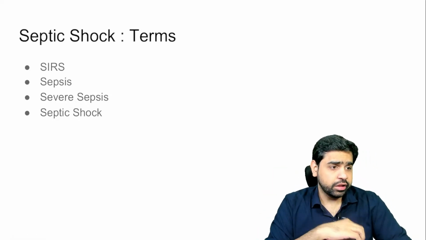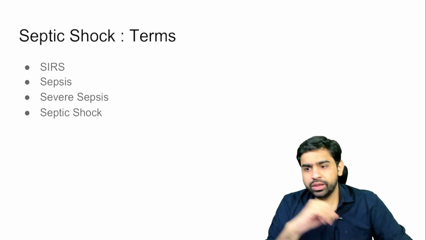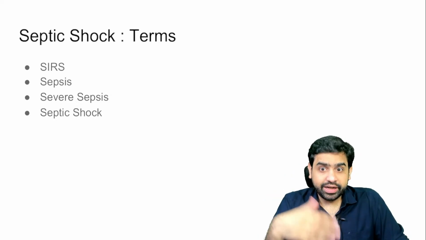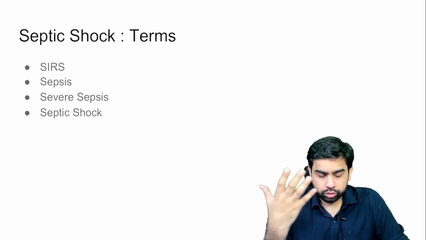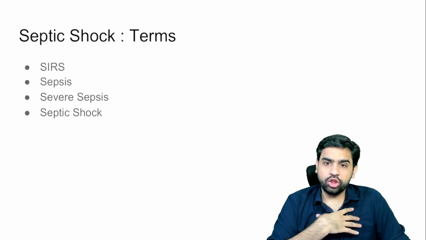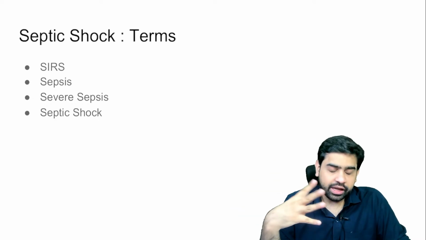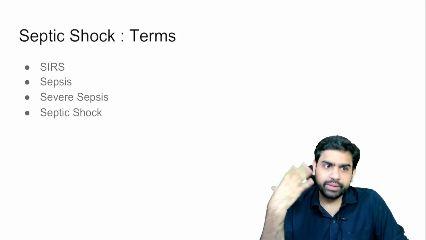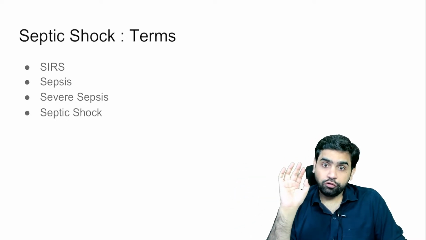Okay, so someone is asking, sir, also tell some points about the TACO and the TRALI. So what is a TACO? TACO is transfusion related cardiac overload. What you need to understand is, let's assume that I am a heart patient and I am in a state of compensated heart failure. It means my heart is somehow managing to do its own function.